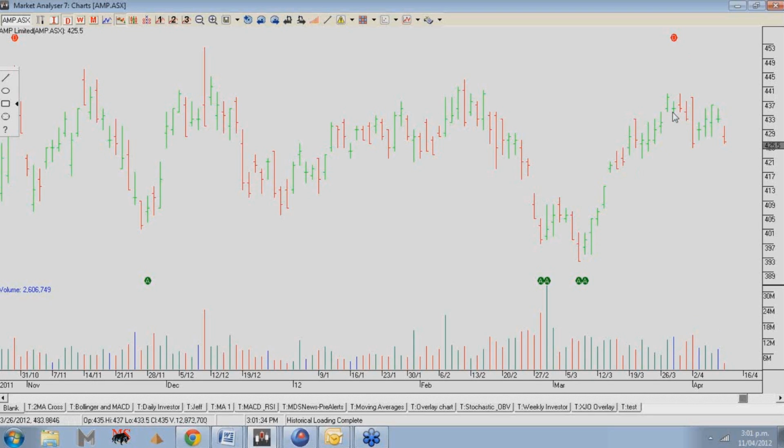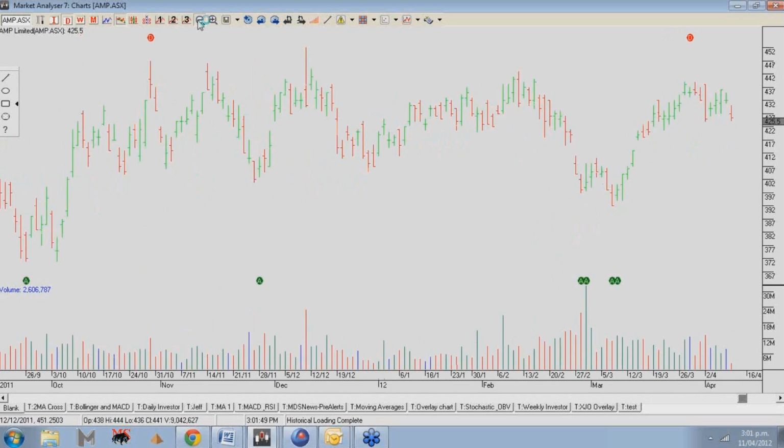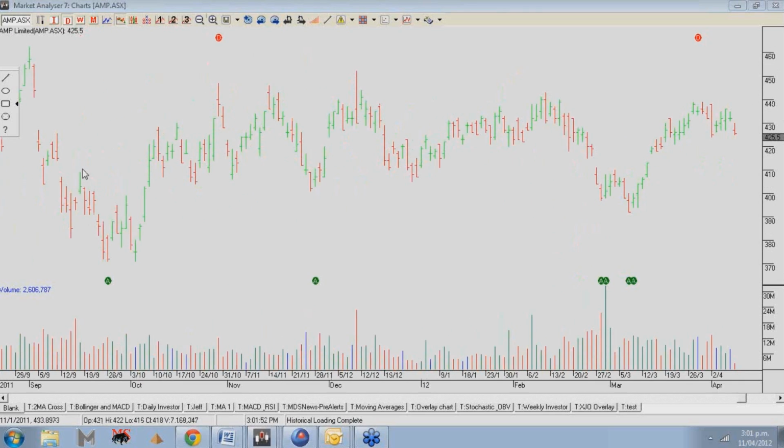There's that massive volume increase at the top as many people are getting out of the share, and the share pulls back from there. So the distribution here marks quite nicely the turning point, and just recently, and it also picks it up quite nicely back in November there.